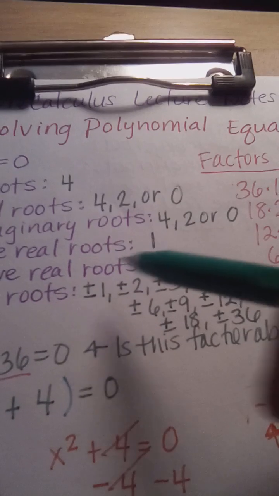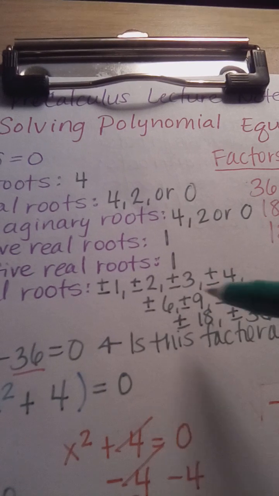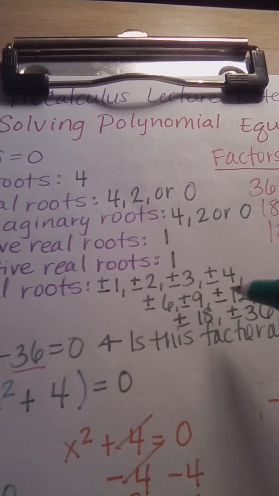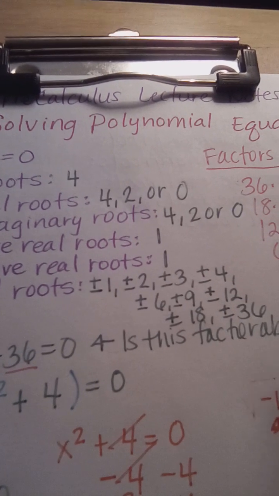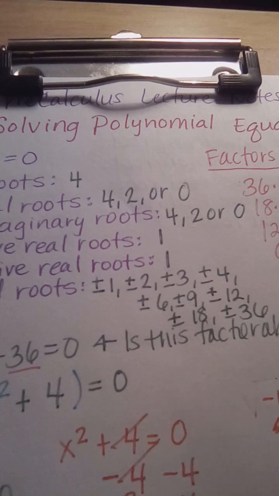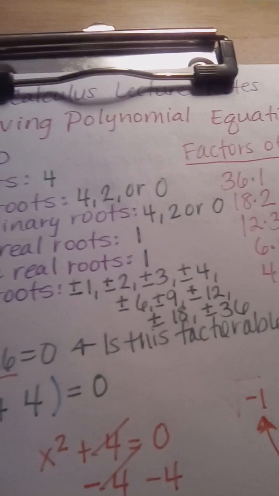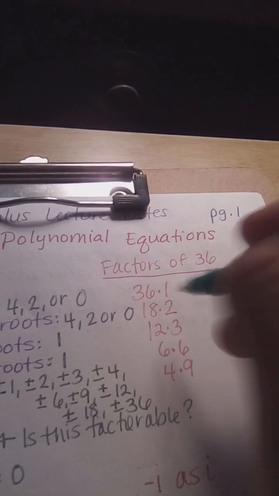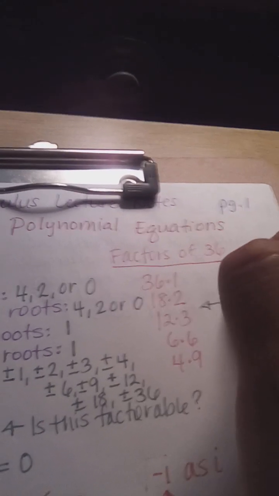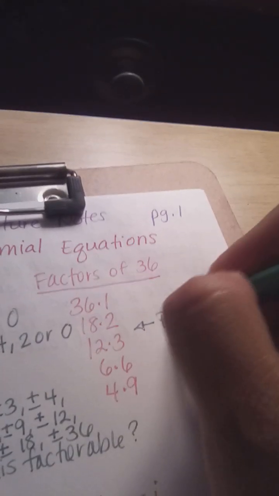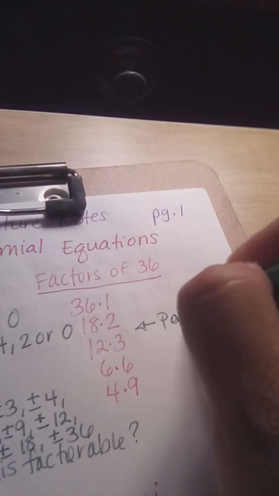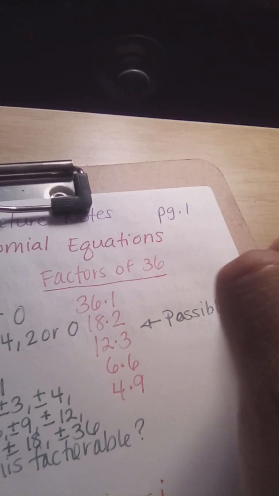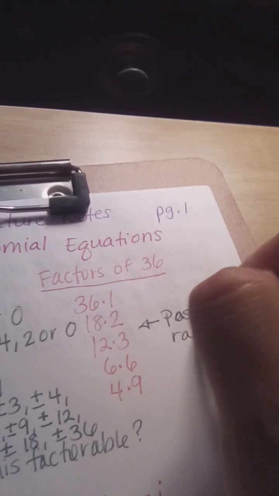I believe it's 1, 2, 3, 4, 5, 6, 7, 8, 9. There's supposed to be 9 numbers with a positive or negative sign in front of it. Those are the factors. These are your possible rational roots.